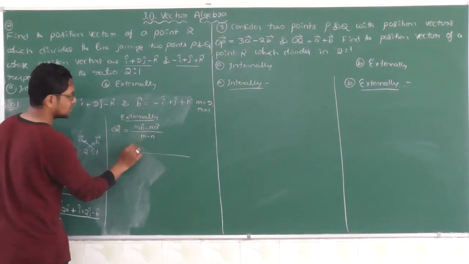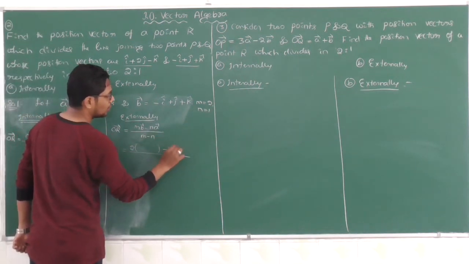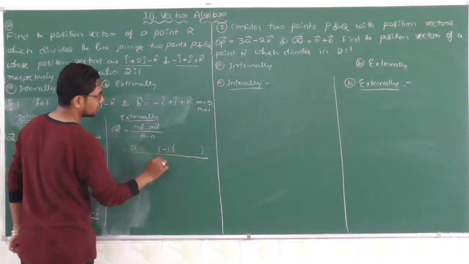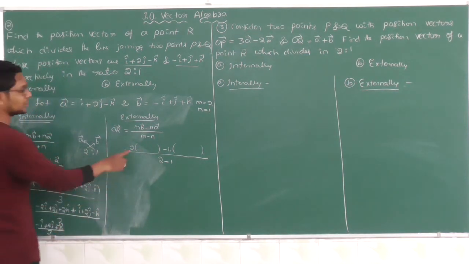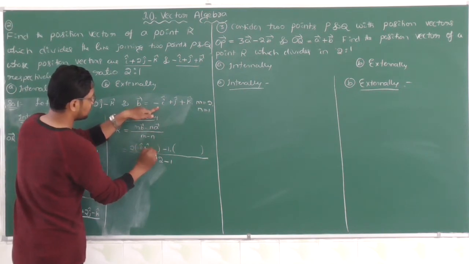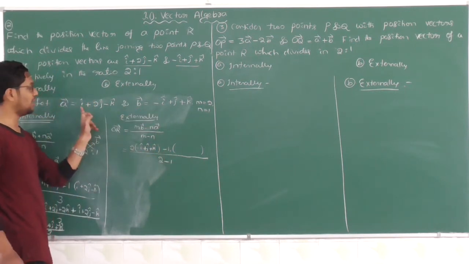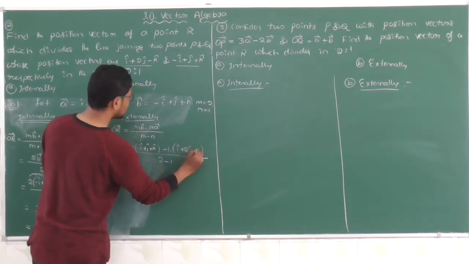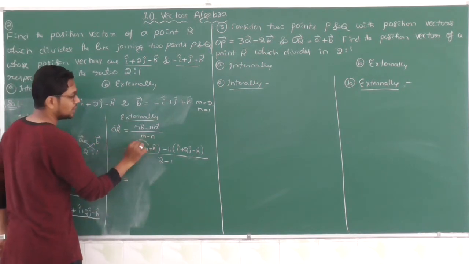You just replace: 2 into b vector minus 1 into a vector divided by 2 minus 1. 2 into b vector is minus i cap plus j cap plus k cap, multiplied by 2. Next, minus 1 into a vector is i cap plus 2j cap minus k.